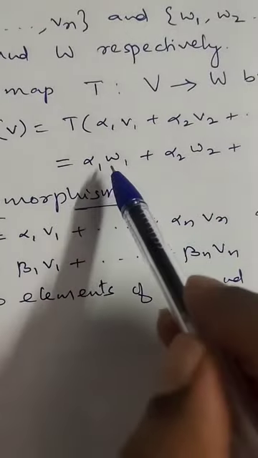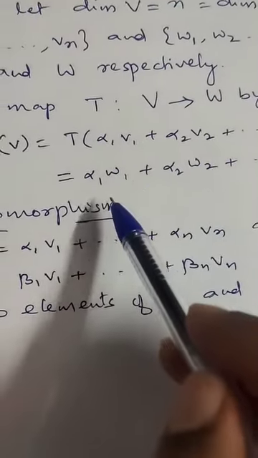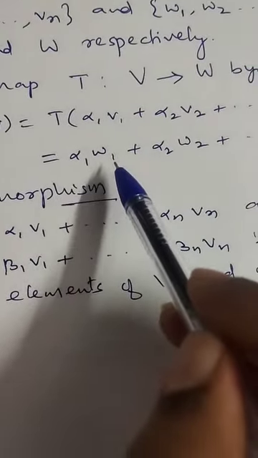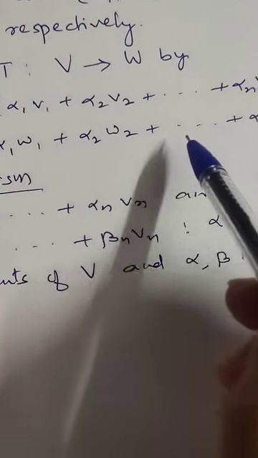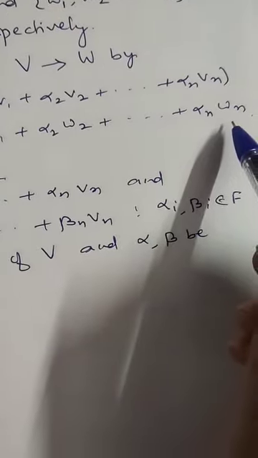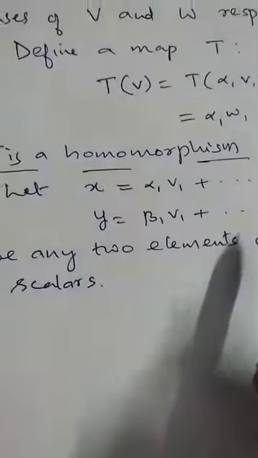By definition of the mapping, this is equal to alpha 1 W1, since T of V1 is W1, plus alpha 2 W2, etc., plus alpha n Wn. So now we show T is a homomorphism.